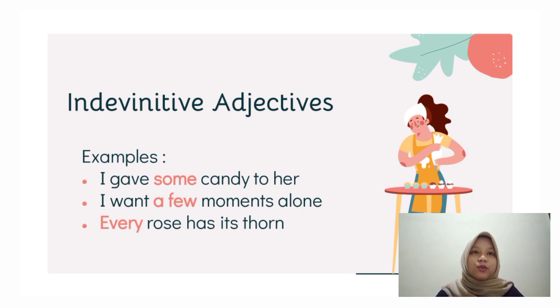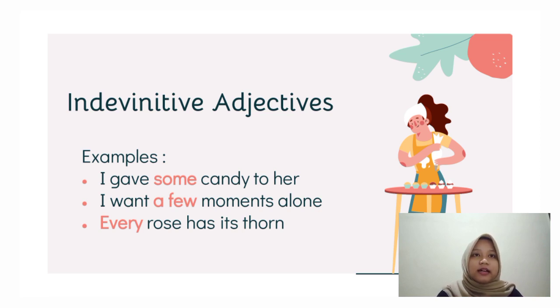The first we have, I gave some candy to her, and the indefinite adjective here is some, because it provides unspecific information about the noun. The noun here is candy. And the next is, I want a few moments alone.